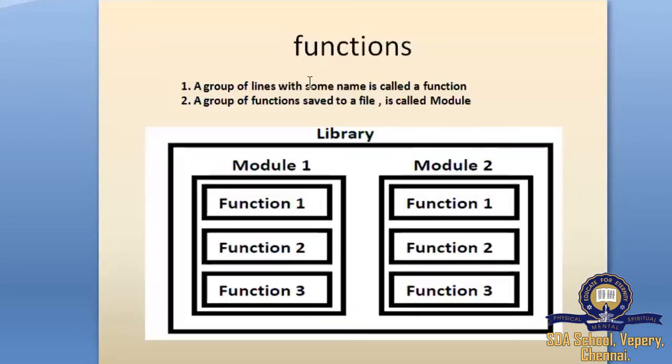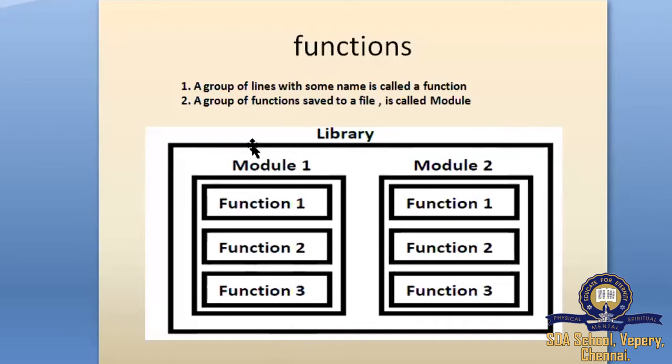When you look at this diagram, in a program, we can have one or more functions. These functions can be saved as a module, and the module can be saved in your library files. So whenever you require this module, you can use it.